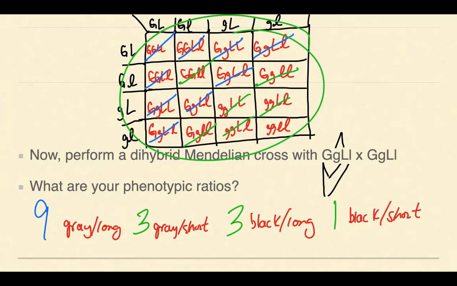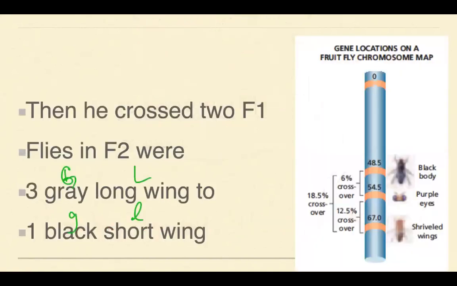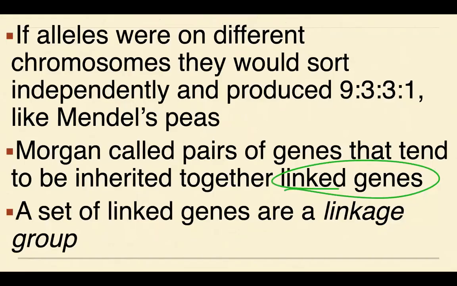We should expect to see all 4 phenotypes in this ratio, but instead of that, we got a 3 to 1, both traits dominant to 1 trait recessive. And that is typical of the Mendelian alleles. So he basically said that the gray body gene is linked to the wing length gene, and a set of linked genes are called a linkage group.